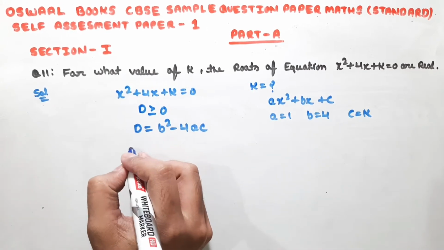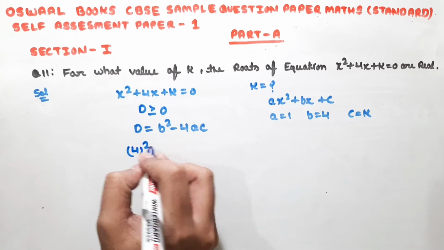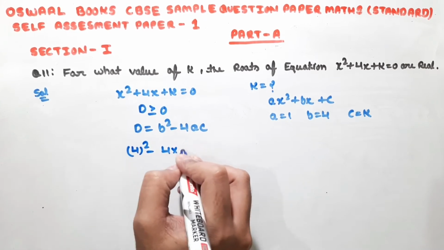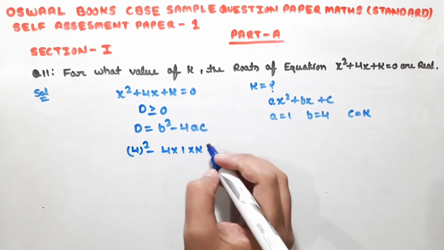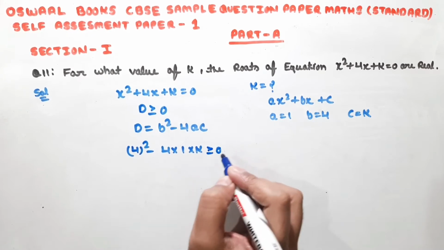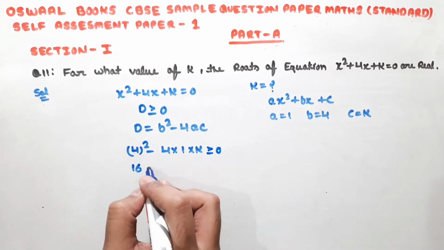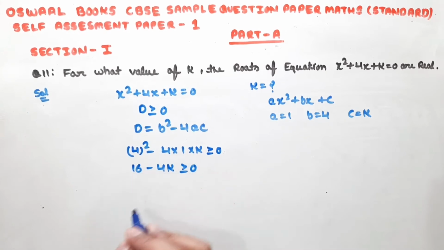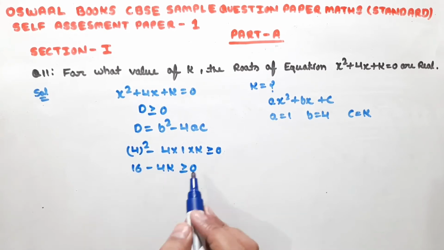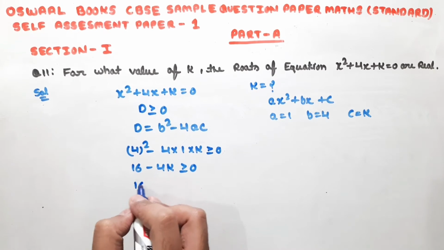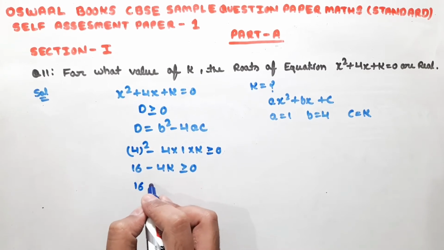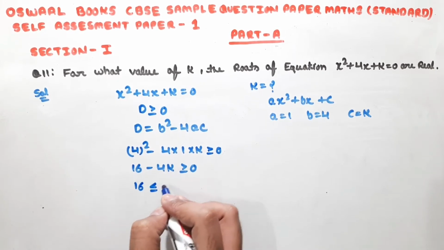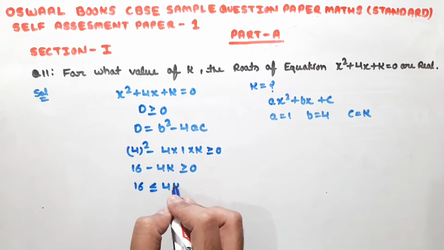b square, that is 4 square, minus 4 into a, which is 1, and c, which is k, will be greater than or equal to 0. So 16 minus 4k will be greater than or equal to 0. Taking 4k to the other side, 16 will be less than or equal to 4k.